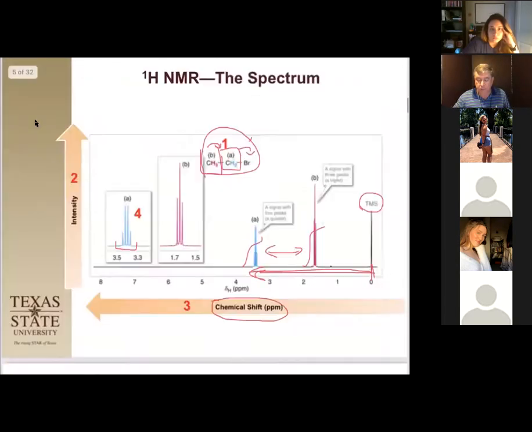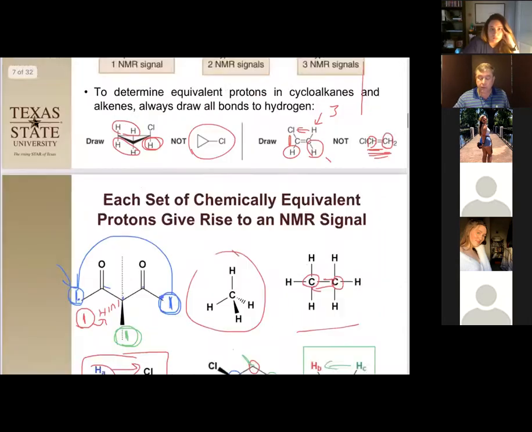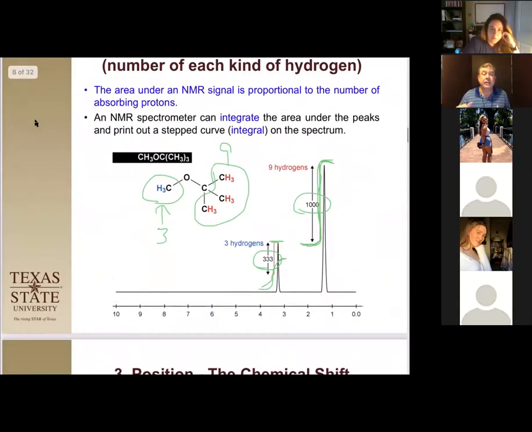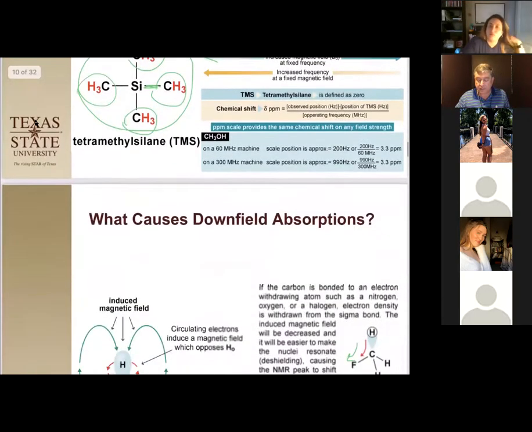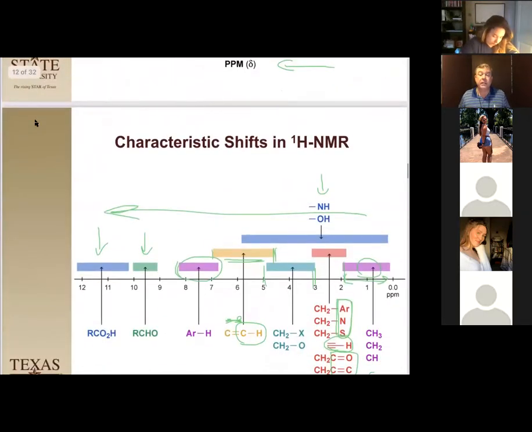So like I said before, it's the number of unique signals we need to look for. And remember that we have through space interactions. The relative intensity is the area under the curve. So you can say there's 3 hydrogens here and 9 hydrogens there. Their position is based on their chemical shift and their relative areas.